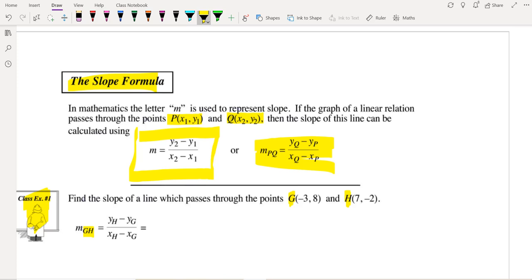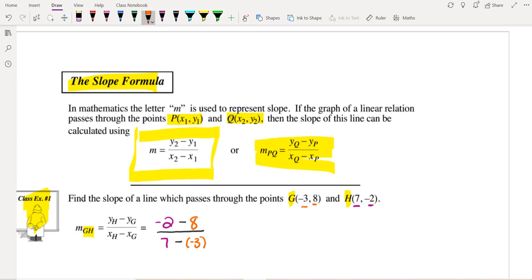So we take the y value of the second point, subtract the y value of the first point, divided by the x value of the second point, subtracted by the x value of the first point, which is -3. So put that in brackets.